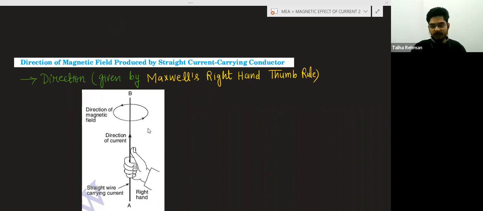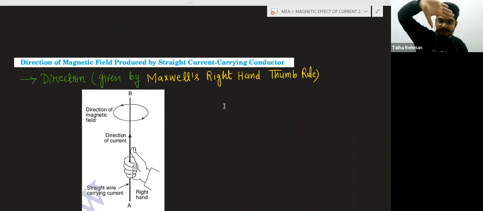Okay. So, Azaan, have you understood the right hand rule? Suppose the current is in the downward direction, so what you will do? You will take your right hand, not left hand, and curl your four fingers, which will give you the direction. For upward current, you will get the anti-clockwise direction of magnetic field lines.